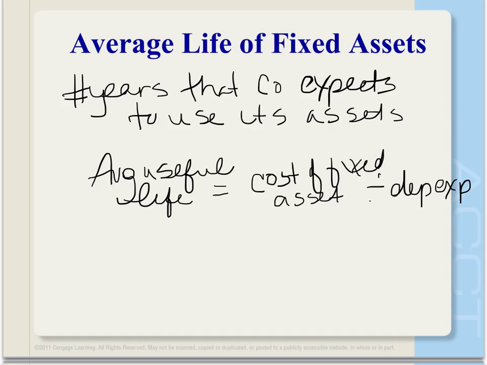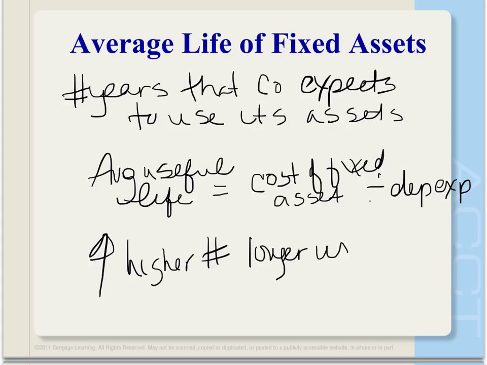And we're going to work some problems out going forward. A higher number represents a longer useful life. So keep track of this formula because we're going to go back to that here in a minute when we go work some exercises.